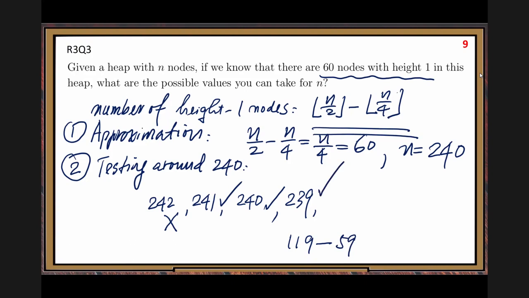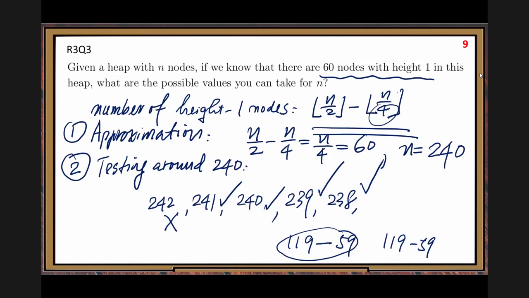Then test 238. Also 119, 119 minus 59, also good. Here you can see we have 4 answers. The denominator is 4.